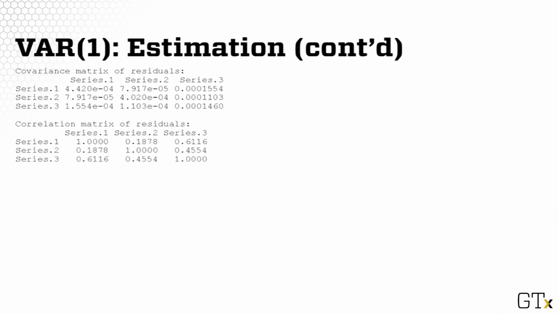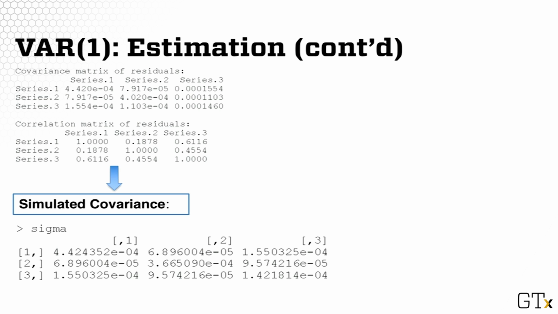The output also provides information on the covariance matrix of the residuals, which is an estimate of the variance of the error terms, sigma. We can compare this output with the covariance of the simulated model provided below. The estimated covariance accurately captures the contemporaneous dependence among the three time series, as shown by the comparison of the values of the two matrices, the true covariance and the estimated covariance.